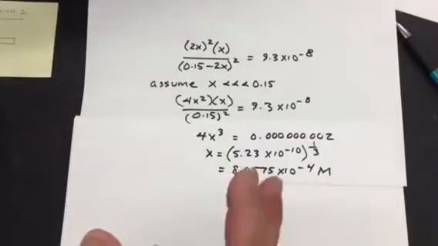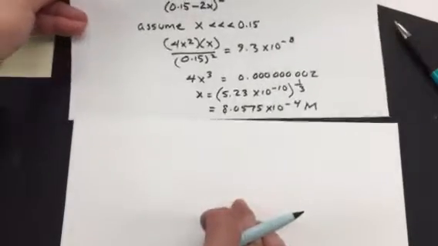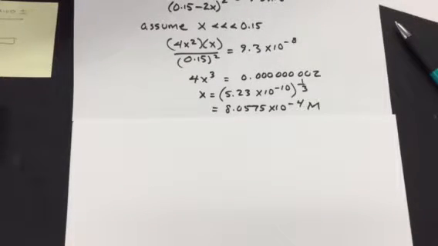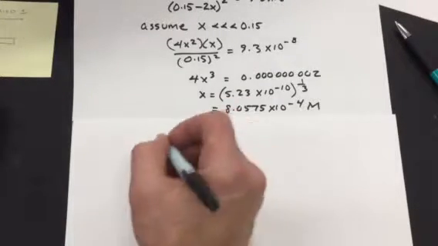But before I can put a fork in it and be done, I have to check my assumption. And the way I check my assumption is I compare the concentration of hydrogen to my starting value for H2S. Okay, so let me do it this way.